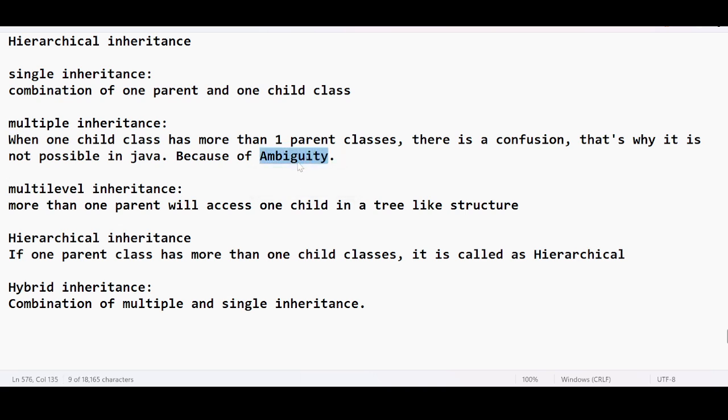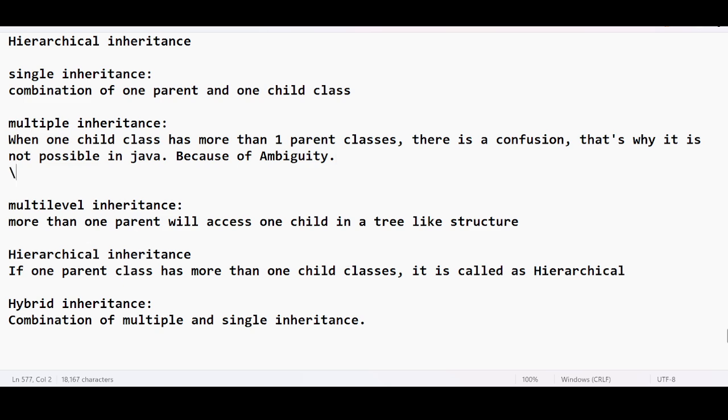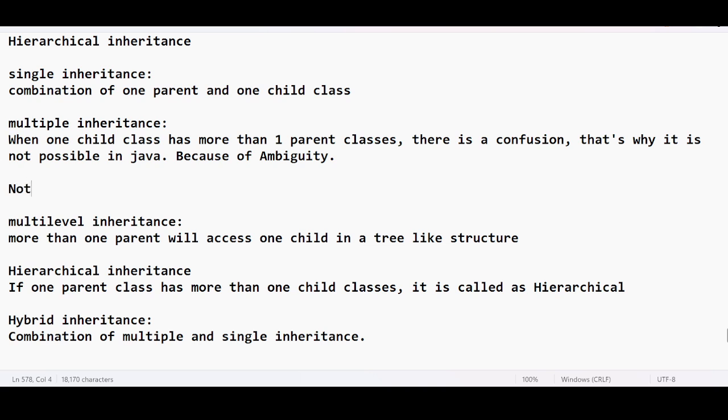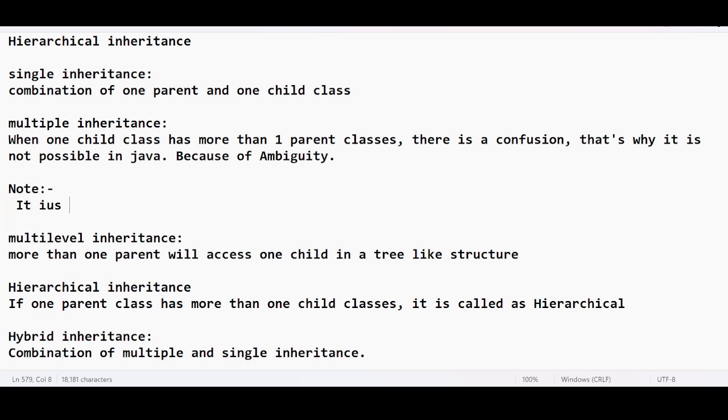Ambiguity means confusion. It is not possible for classes, but possible for interfaces. We will see this topic in the future.